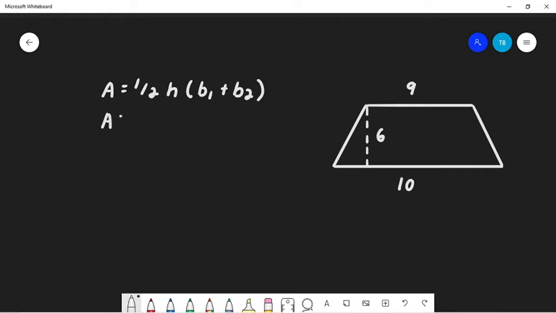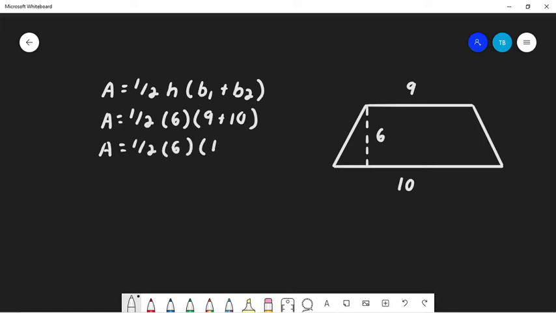So the area is 1/2 the height, which is 6, times the sum of the bases, which is 9 plus 10. Okay, and area is 1/2 of 6 times 9 plus 10 is 19.